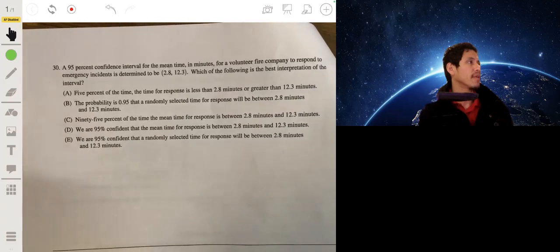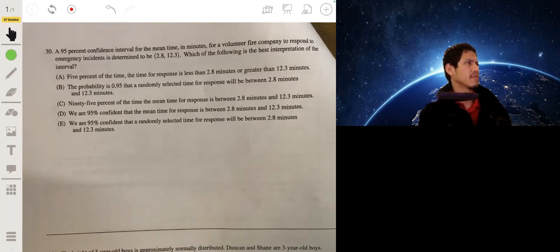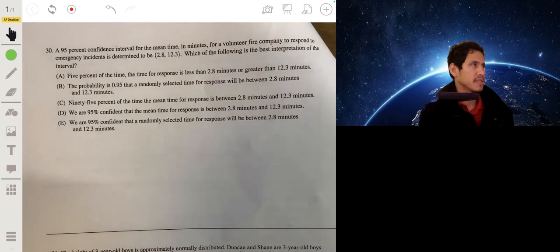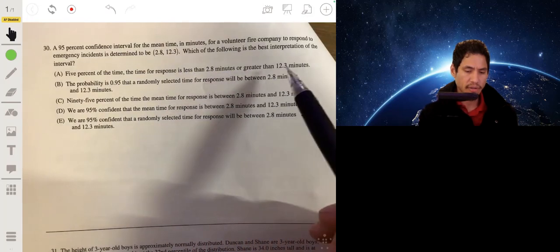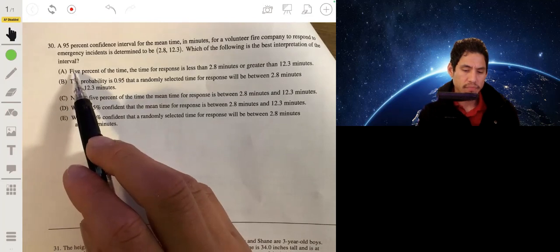All right, a 95% confidence interval for the mean time in minutes for a volunteer fire company to respond to emergency incidents is between 2.8 and 12.3. Which of the following is the best interpretation of the interval? First option: 5% of the time, the response time is less than 2.8 minutes or greater than 12.3.